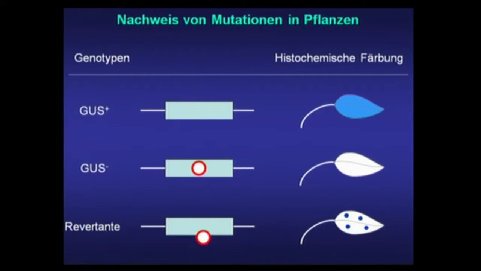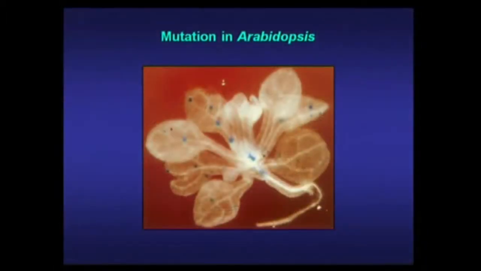So if the gene is functional, the plant will turn white. If, however, the gene is not functional, there will be blue dots, and wherever there is a blue dot, there has been a gene mutation in the gene which we introduced.